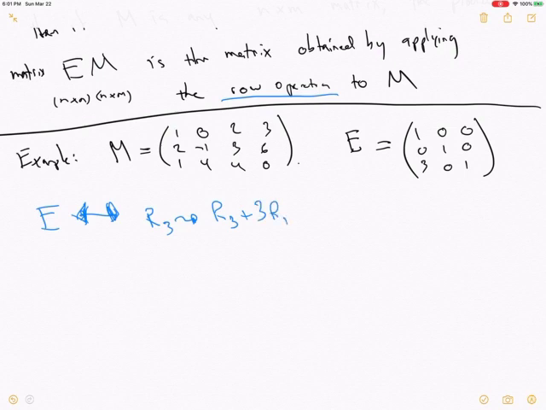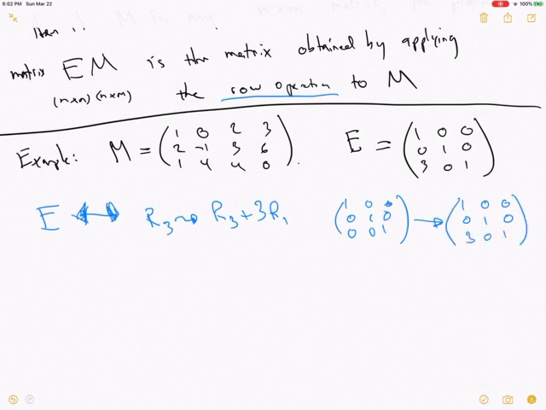And we can check that because how do we get E? We take the 3 by 3 identity matrix, and we're just going to modify the third row only, leaving the first two rows alone, and adding 3 times the first row to the third row. So 3 times the first row becomes 3, 0, 0, and then we add it to 0, 0, 1, and we get 3, 0, 1.